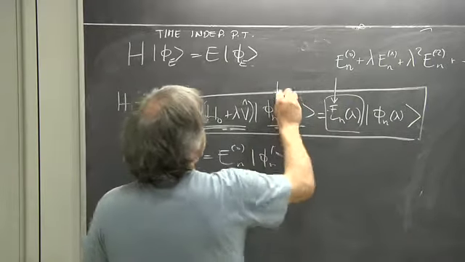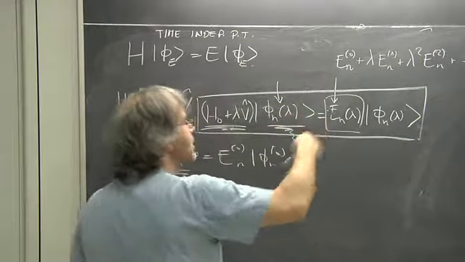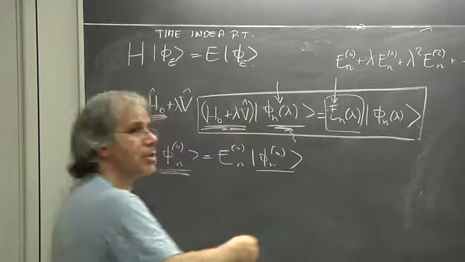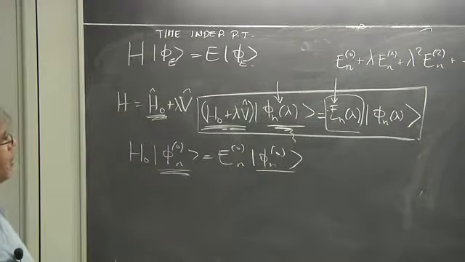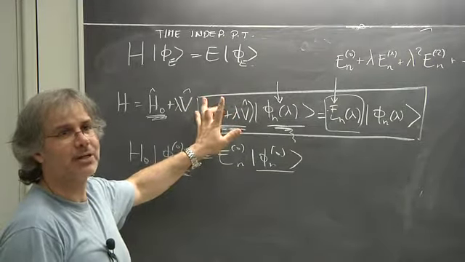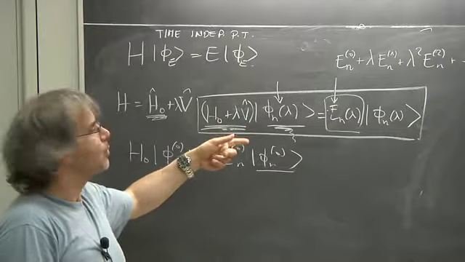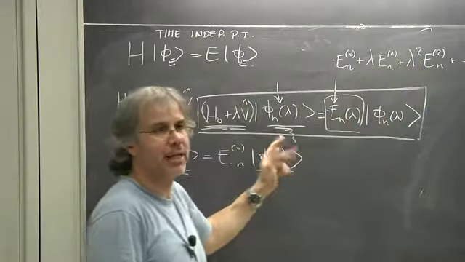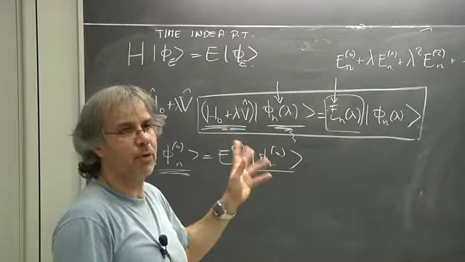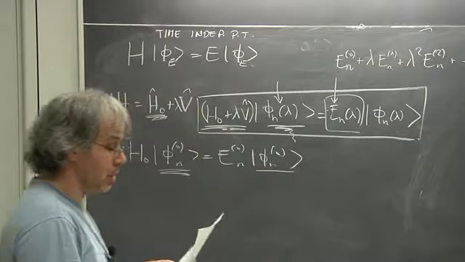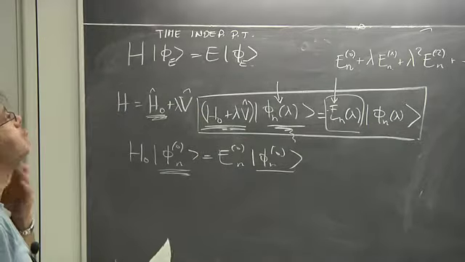And similarly for the states, okay? I expand the state as this plus lambda, the first order correction, and so forth. And I will try to make the equality work, okay? So I try to find formulas to express all these corrections to the energies and to the states in terms of appropriate matrix elements, okay? So this will be what we will do next time.